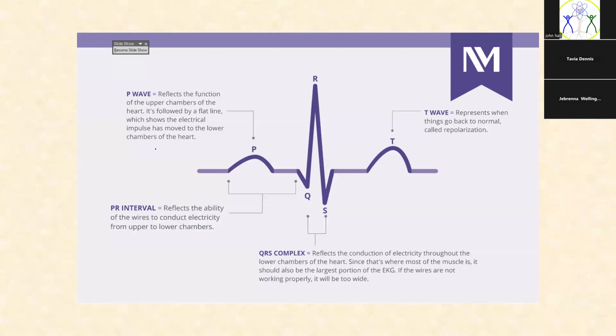So we can break this down into sections, okay? So what you see here as the P wave is referring now to the depolarization of the atria. So the atria have received the signals from the sinoatrial node.